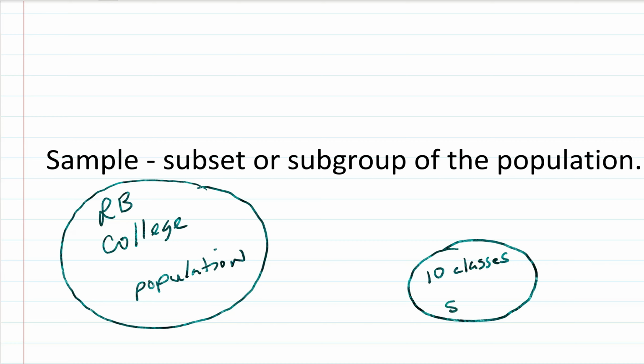So this would be my sample. Take all the students in the 10 math classes. That's my sample because they're a subset of the entire population. And now that's more practical, right? Giving a survey out to all of the students in 10 different class sections.